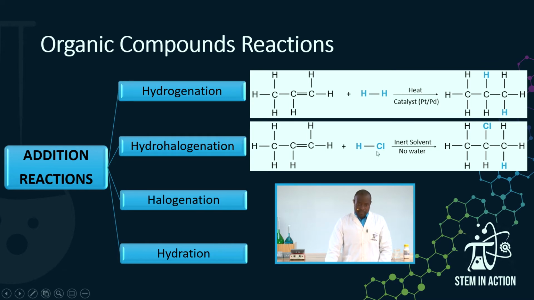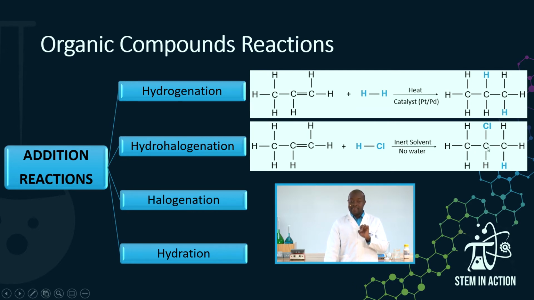So in this one, we are adding the hydrohalogen across the double bond, and what happens is that the hydrogen goes to this carbon, then the chlorine or halogen goes to the other carbon. I'll mention here that we could have added the hydrogen to this carbon and the chlorine to that carbon. But you have to know that there is a preference with this type of reaction. So when you do this reaction, the halogen is usually added to the more substituted carbon, and that is usually the central carbon.